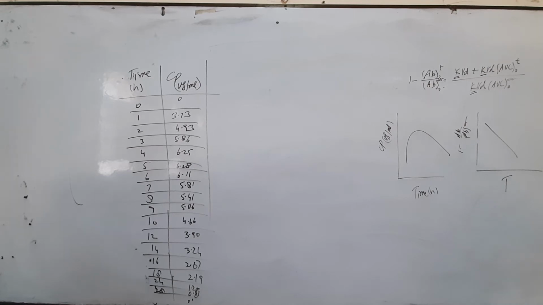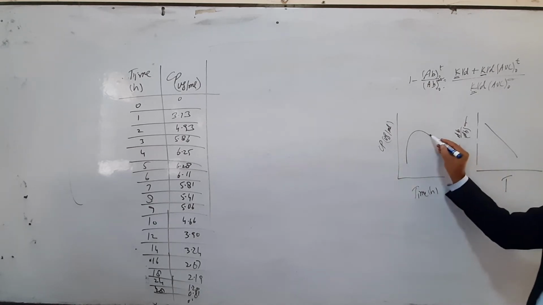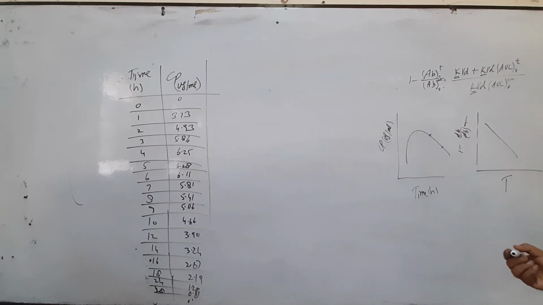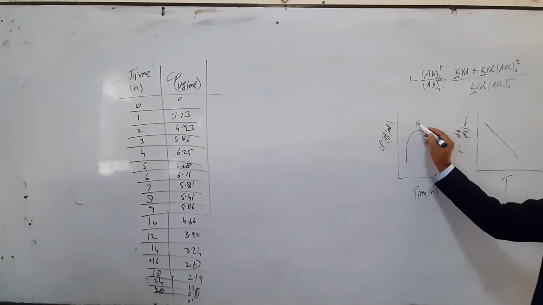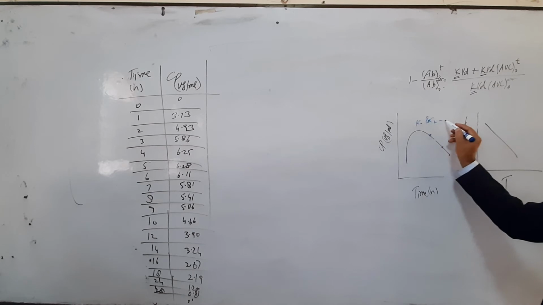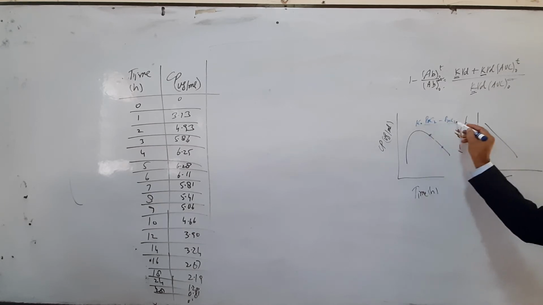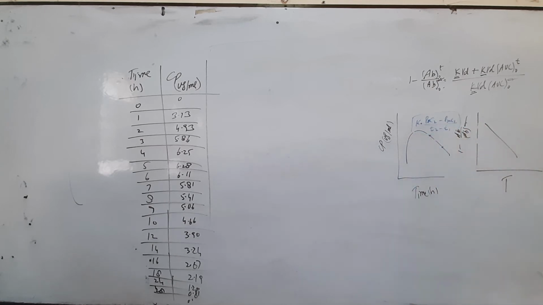The first step is to construct this graph. The next step is to calculate k from the elimination phase. That is very simple: k equals ln C2 minus ln C1 over t2 minus t1. This is the formula for our elimination rate constant k.